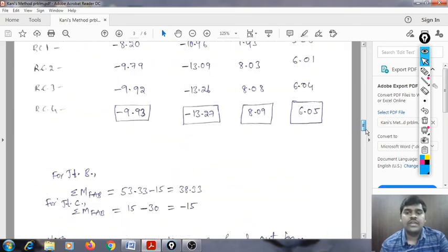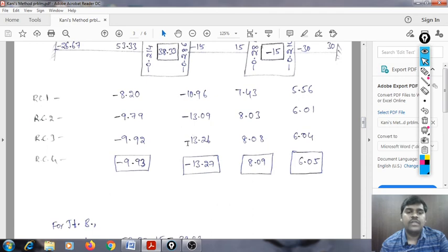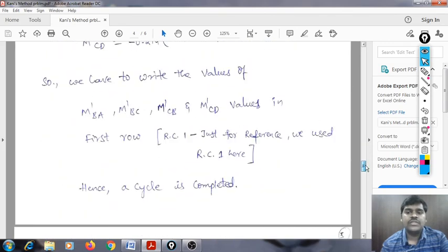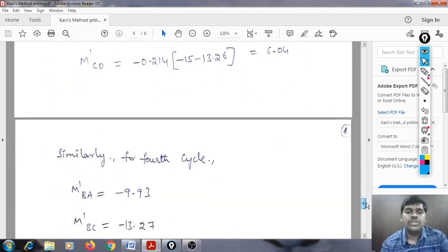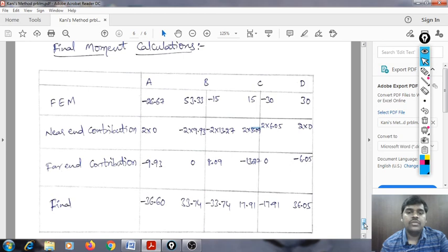So what are these values? Explaining once again: these values 9.93, 13.27, 8.09, 6.05 are the rotation contributions which are near to the joint. And the far end contribution at A: if you stand at A, the first thing we see is the 9.93 value, so that 9.93 value is taken as it is as the far end contribution.